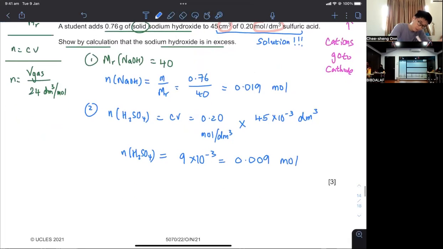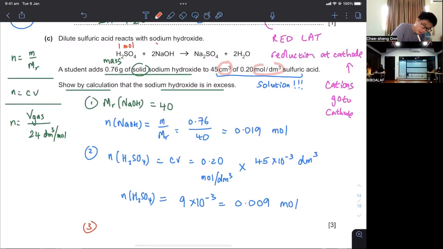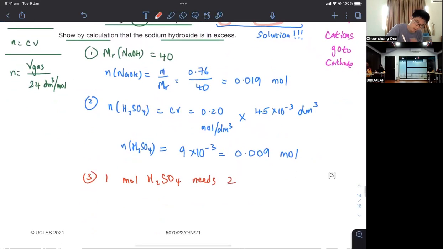Okay, now after we do that, the last thing we do is we look at the balanced equation. 1 mole of sulfuric acid reacts with 2 mole of NaOH. So we write the statement: 1 mole of H2SO4 needs 2 mole of NaOH. So this is what you put in. This is actual.